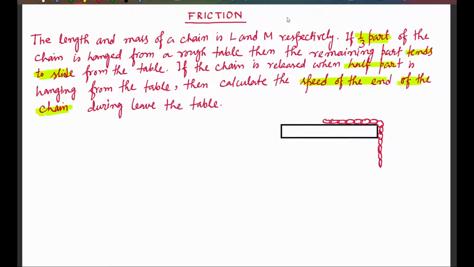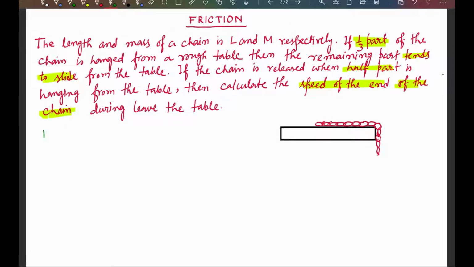So for the 1/3 part, the mass per unit length of the chain is m by L. Whenever 1/3 part is hanging here, the mass of that part is m by 3, and the weight of this part is m by 3 g.